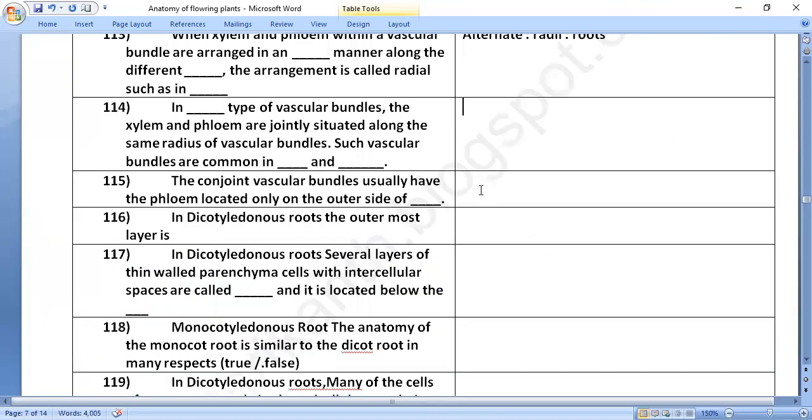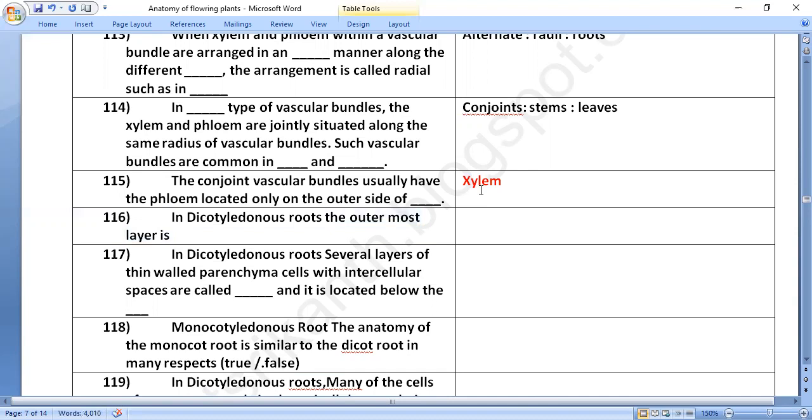In conjoint type of vascular bundles, xylem and phloem are jointly situated along the same radius of the vascular bundle. Such vascular bundles are common in stems and leaves. The conjoint vascular bundles usually have the phloem located only on the outer side of xylem.